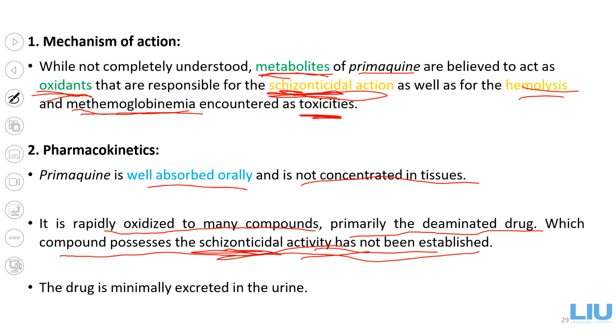Oh, so these metabolites don't have active activity. Okay, so when they are metabolized or oxidized into other products, some of them do not have the activity. I guess there are certain metabolites that are believed to have activity as oxidants, but others don't. Okay.